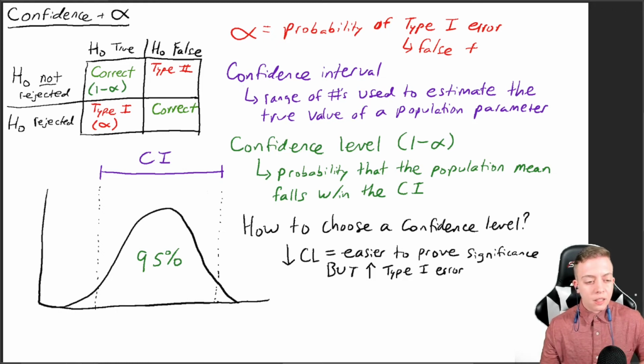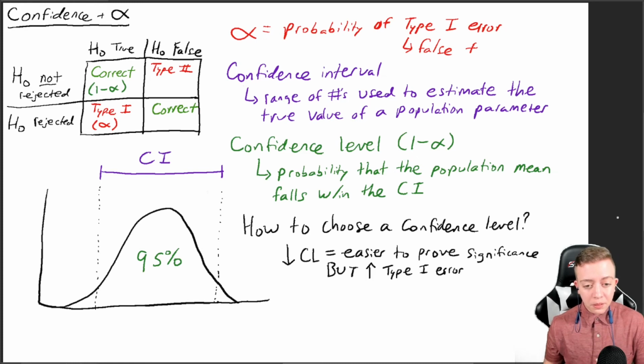So with this curve, there's an 80% chance that the average of the population would fall within the 80% area of the curve. So in that case, alpha is going to be a lot higher. So you're going to have a 20% chance that it's going to be outside.